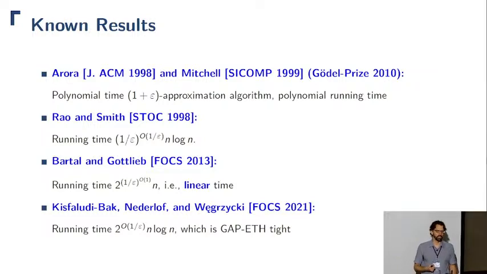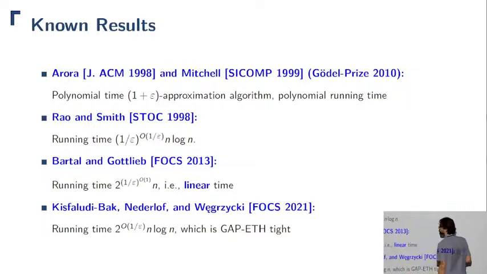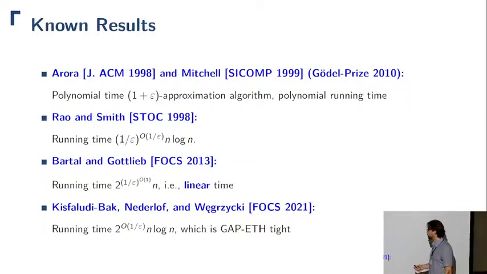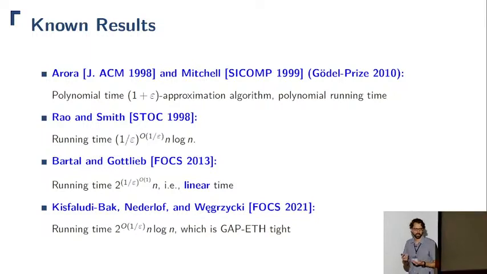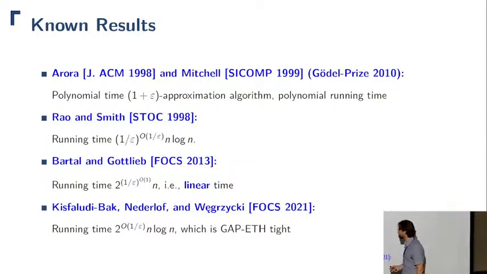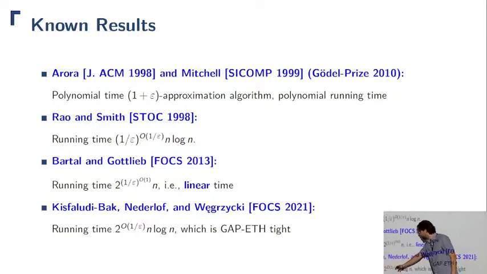So this is optimal in n, but it's not optimal in epsilon. And then, with some really nice ideas, Kisfaludi-Bak, Nederlof, and Węgrzycki, I hope that I pronounced it right, obtained another algorithm that is tight in the dependence on epsilon.